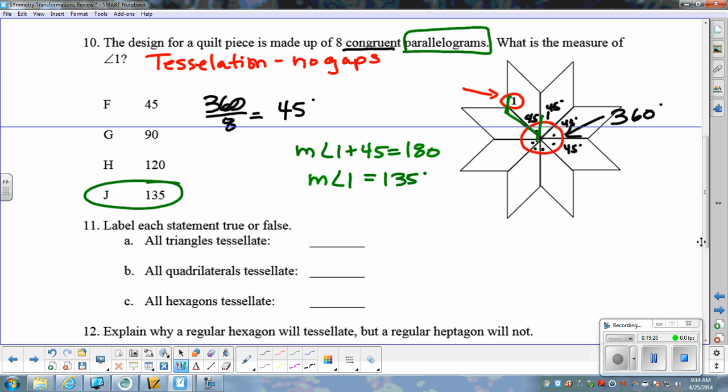for J. Here, number 11, label each statement true or false. All triangles tessellate. Let's think about what it means to tessellate. In order for it to tessellate, everything has to come to one point. If you're tessellating a triangle of any sort, please don't be intimidated by my amazing drawings, you see that there will be no gaps.